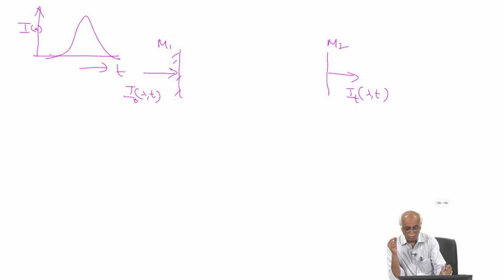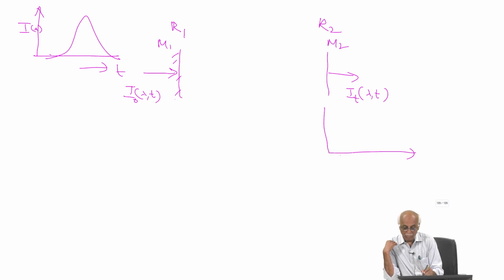Of course, there is some small loss, but reflectivity R1, reflectivity R2. Next class we will see this mathematically, but the pulse you have introduced here, the output will look like this every round trip.